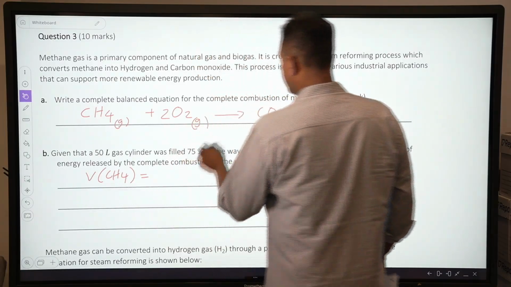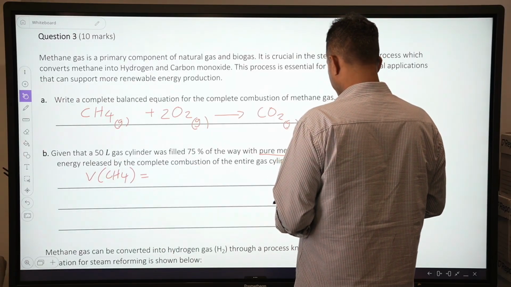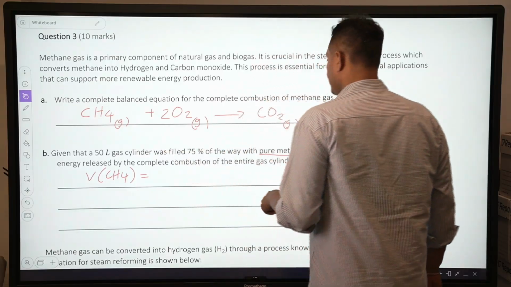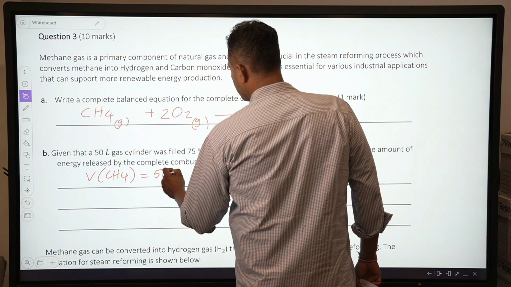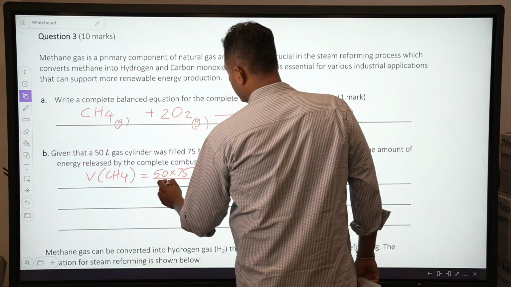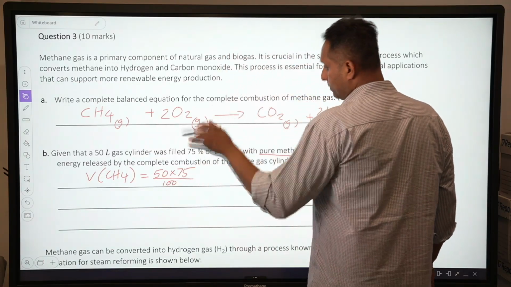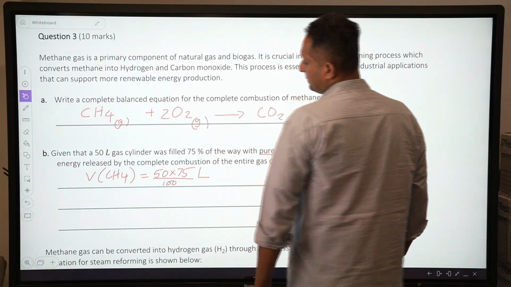Why is it not 50? It's at 75%. So you need to work out, out of that 50 liters, 50 times 75 over 100. That is the amount of liters of methane you have.